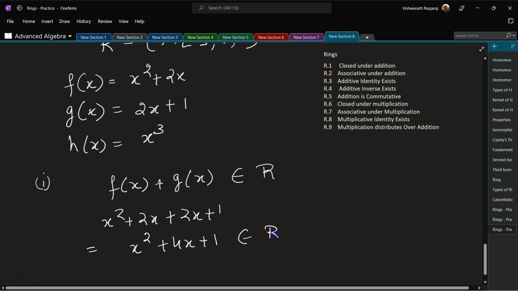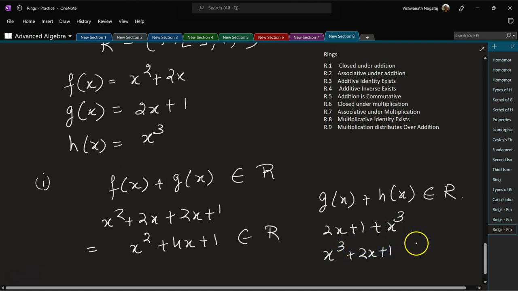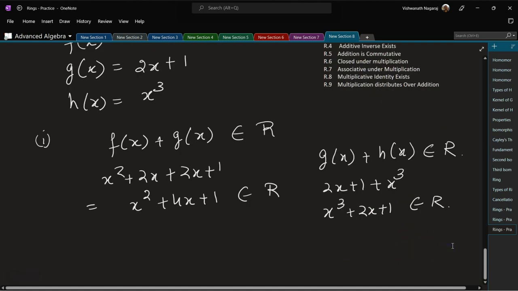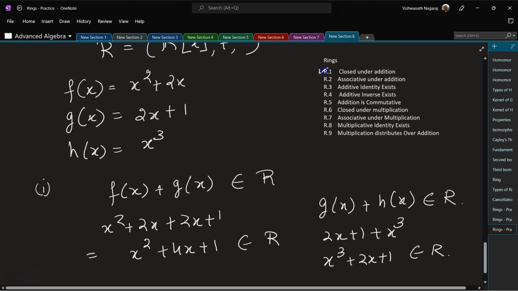So this belongs to our ring. You could take g of x plus h of x. This should belong to R. So which means 2x plus 1 plus x cube, which is nothing but x cube plus 2x plus 1, which belongs to R. So it is closed under addition.